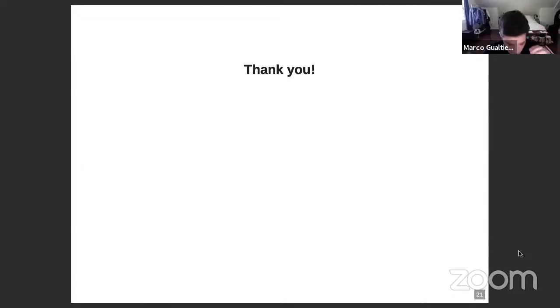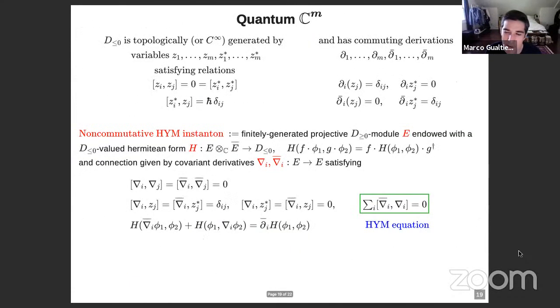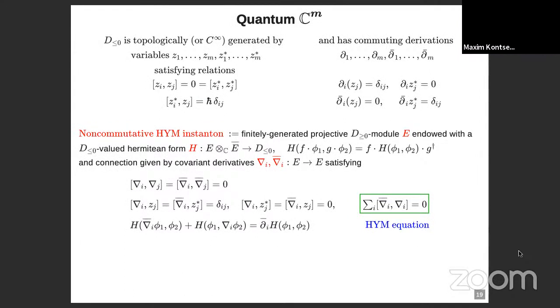Could you go back to the quantum C^n? Could you explain how the quantum C^n example embeds in physics? What is the model that gives it? No, the origin of the story is the following.